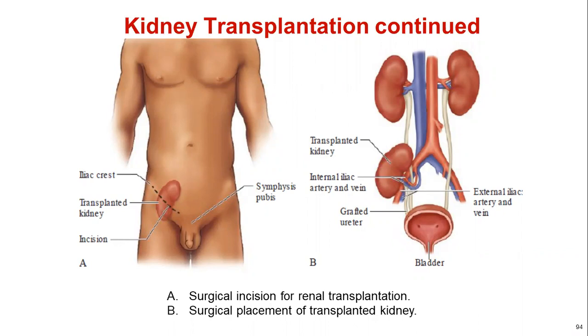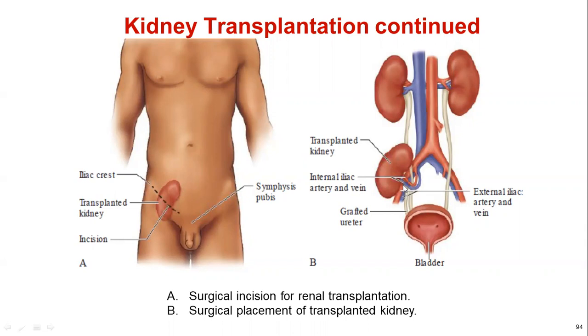In this picture, we are seeing the implanted kidney in the anterior iliac fossa, and the incision is done from the iliac crest to the suprapubic area, inguinal canal, and here the implanted kidney.